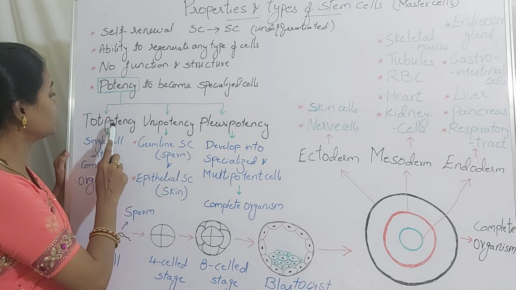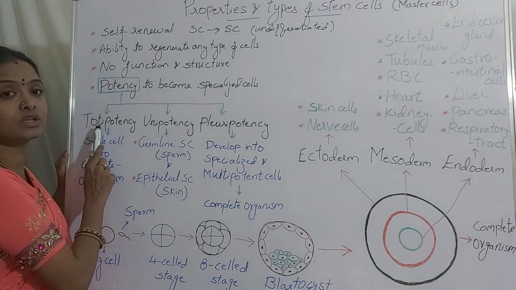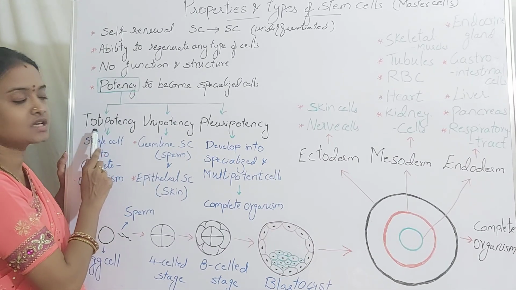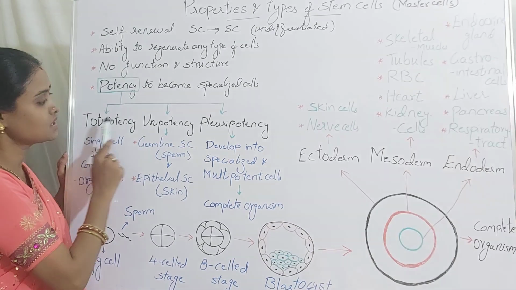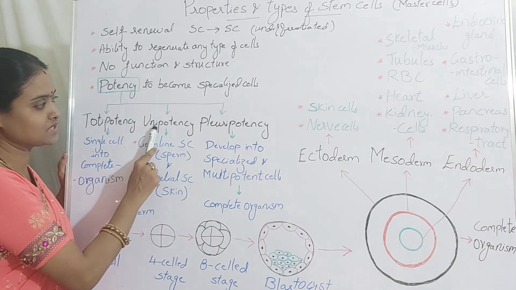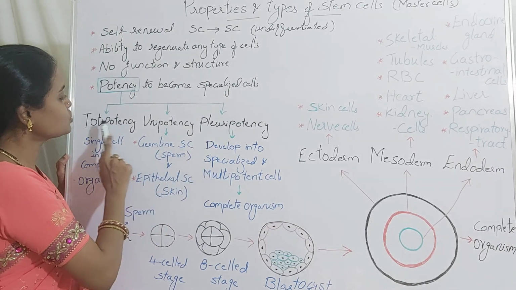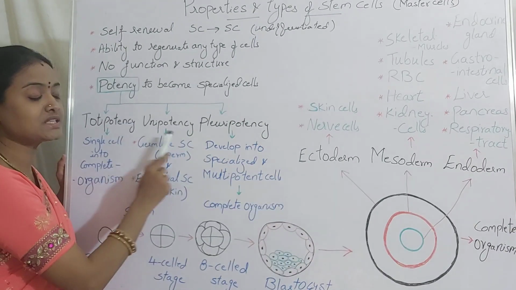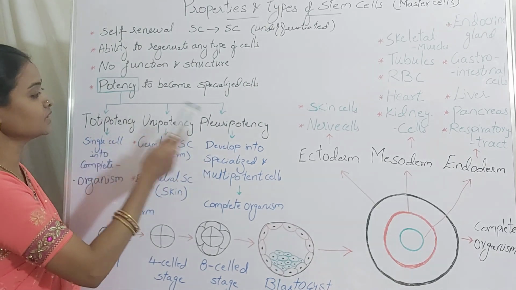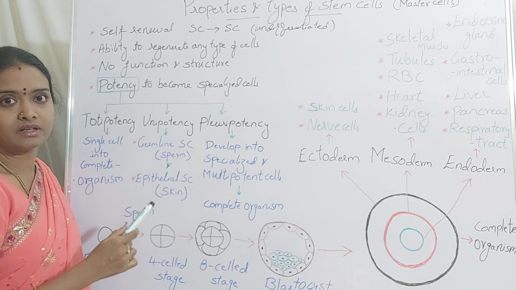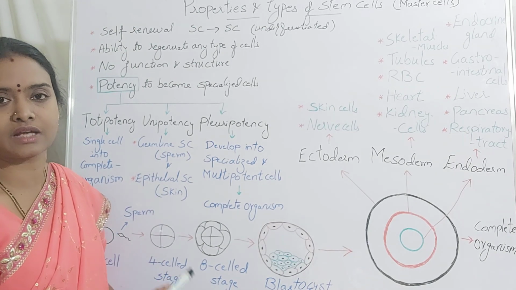The cells with totipotency are referred to as totipotent stem cells, then unipotent stem cells, and here pluripotent stem cells. Still we are calling them stem cells. That means they have the ability to divide and get differentiated into different types of cells.